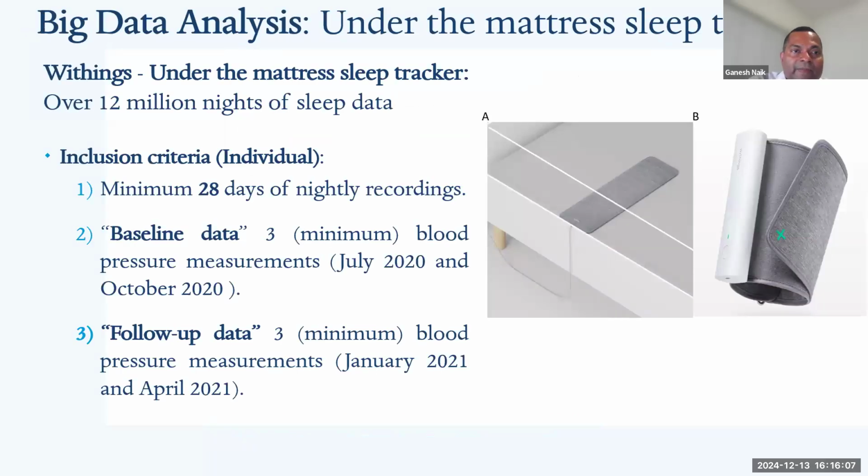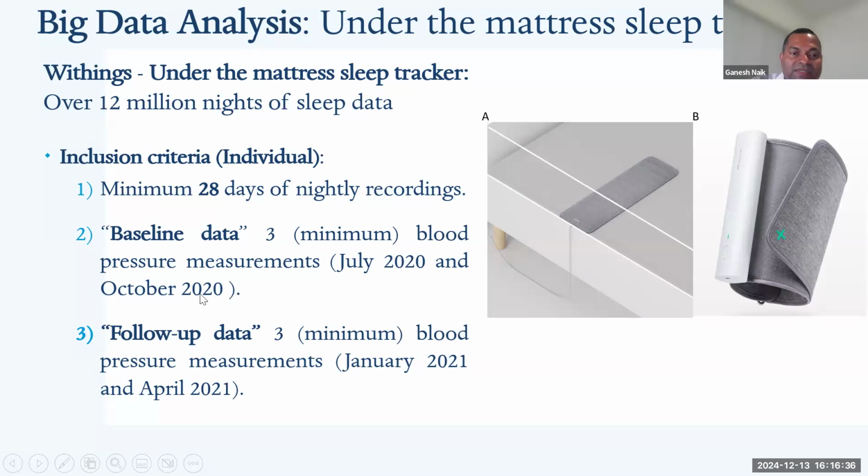So this is the data we got from Withings: over 12 million nights of sleep data. That means it's a very large, huge data set. And you can see what the sleep tracker looks like. It just goes under the mattress. It's a very thin foldable tracker. It is developed by the company Withings in France, and they shared this data with us.